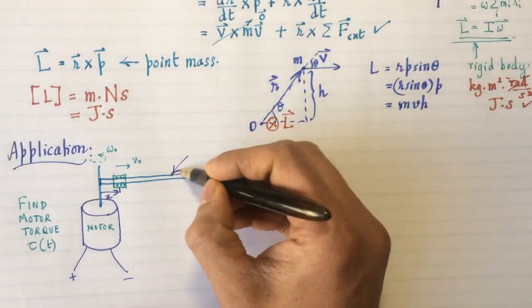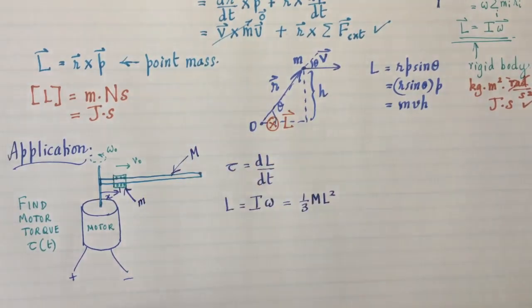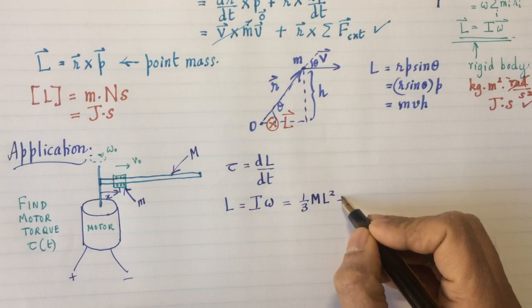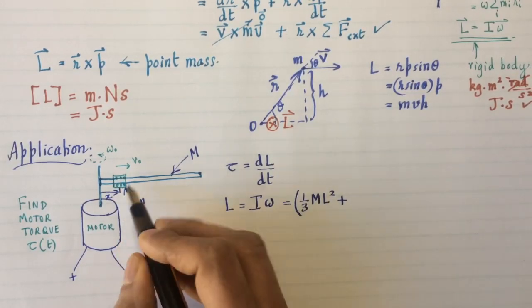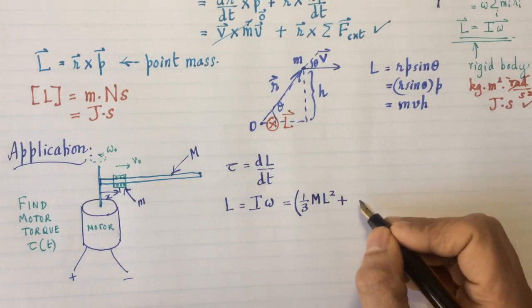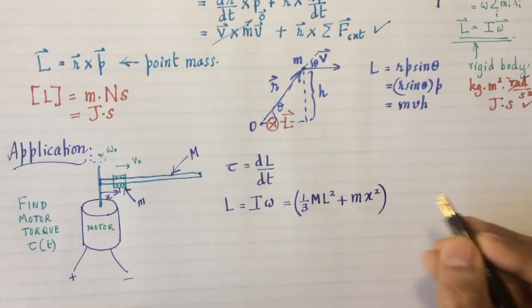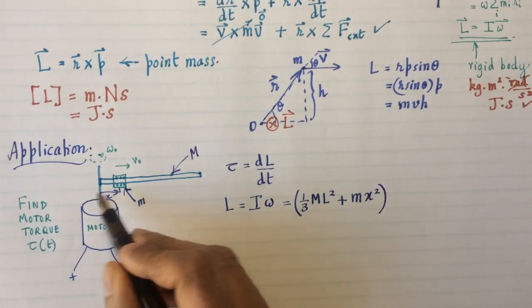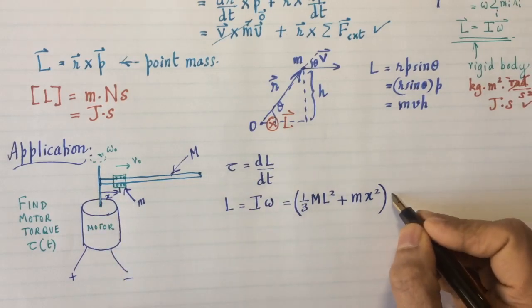So this has got rod mass M, and let's say this has mass little m. And so for the mass of the robot, we're going to assume it's a point mass because we are told nothing about it. So that's just going to be the moment of inertia of a point mass, mx squared. Okay, because this is a point mass at some distance x away from the axle. The whole thing times omega.